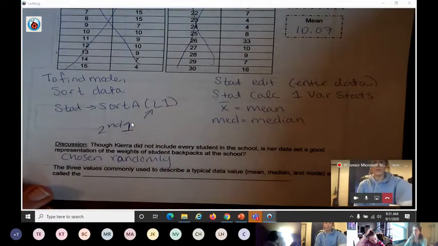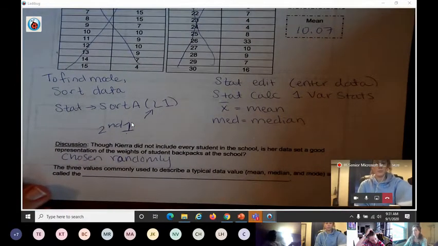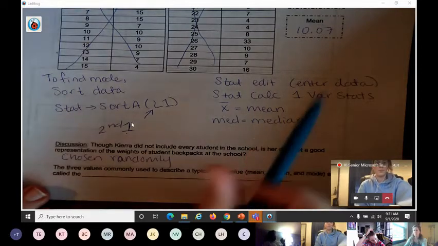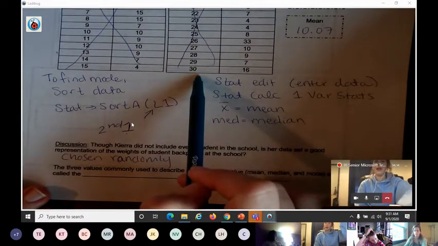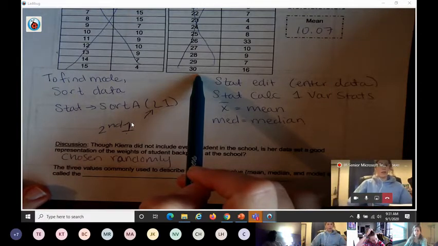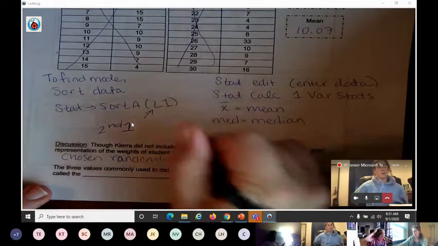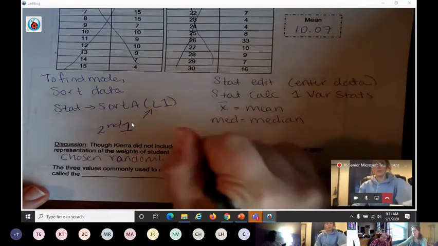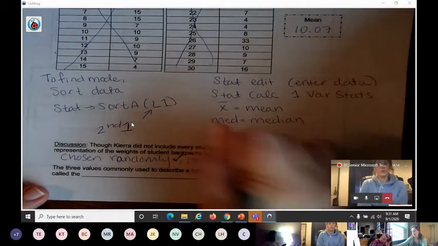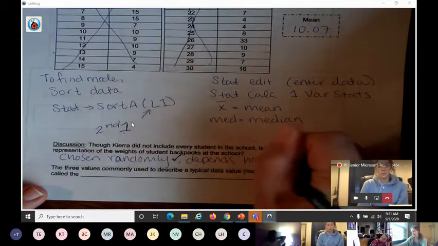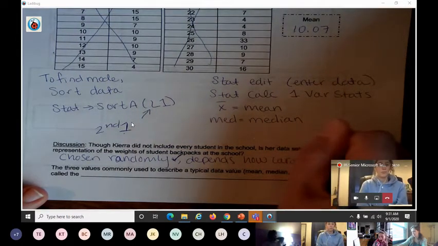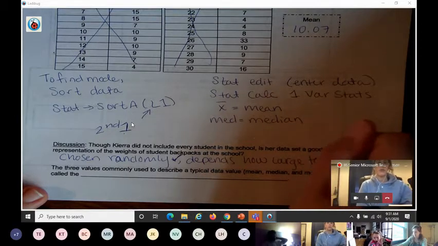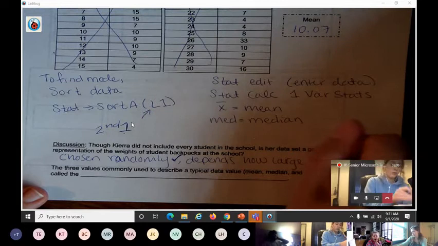But what if there are like 2,000 kids at the school? Would 30 of them be a good representation? Probably not, because I remember the more people you have in your study, the less of a margin of error you have. Exactly. I feel like she could have done more. So because she chose them randomly, that's great, but it depends on how large the total population of the school is.